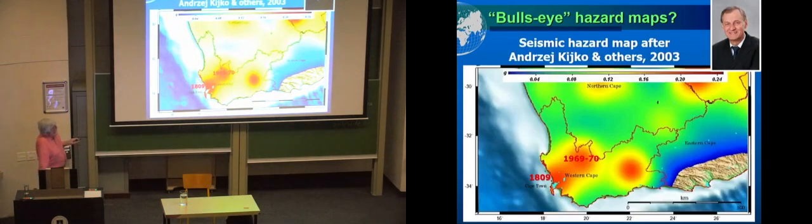So when you look, this is another friend of mine, Andre Kijko, he's now at the University of Pretoria. This is his seismic hazard map of South Africa. And you can see these are typical bullseye hazard maps. You have a red sort of bullseye around Cape Town, 1809. You've got another red bullseye around Tulbagh series, 1969.